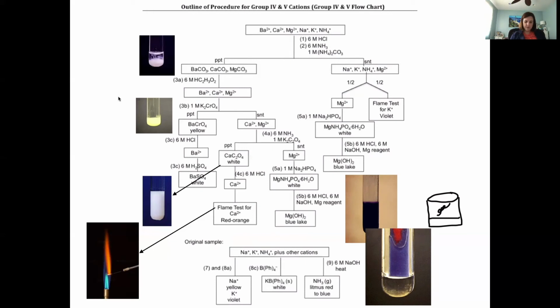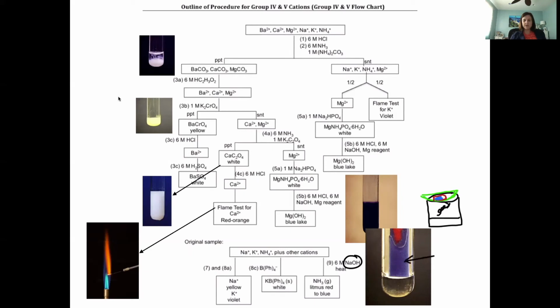You have your litmus paper on a little glass dish here, and it goes from red to blue. So this is turning blue from the gas, not from the liquid, because the liquid is, of course, sodium hydroxide, so of course it would turn blue. So the gas has to turn this litmus paper blue, right?